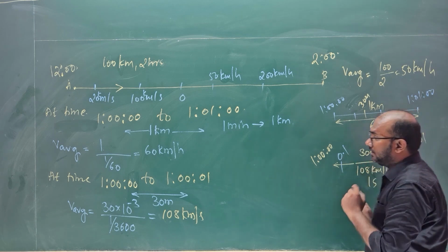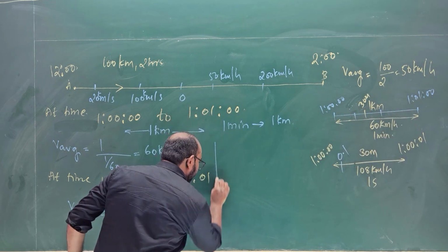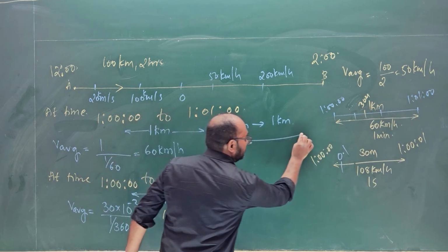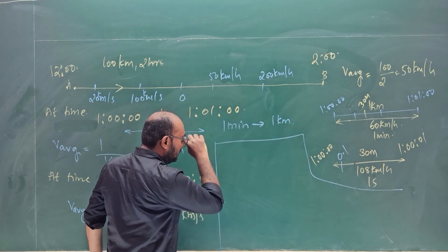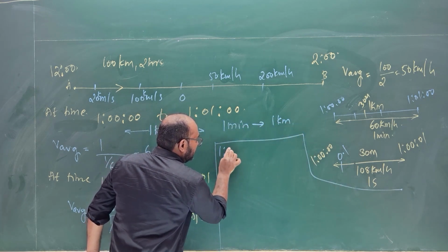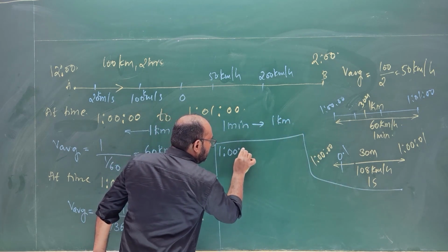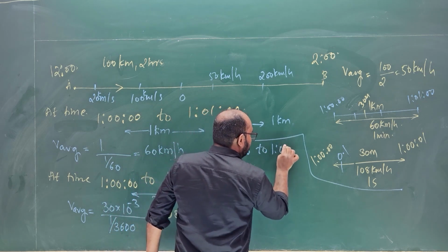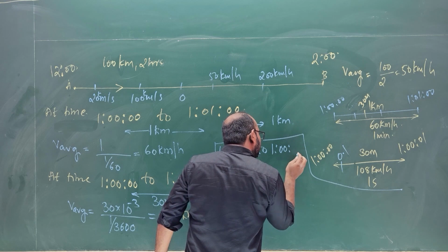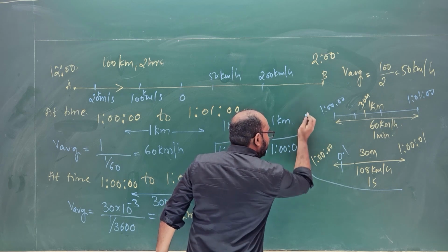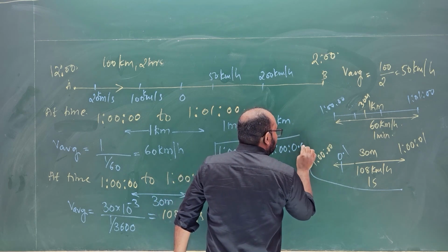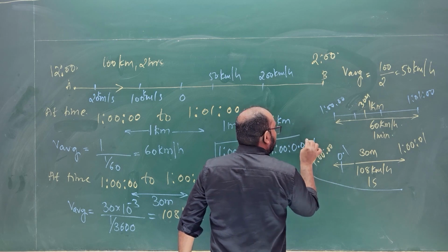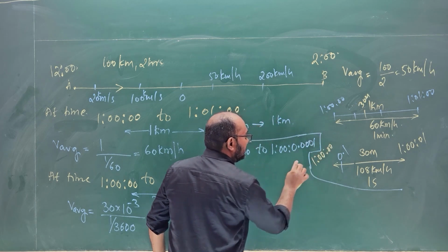Let us try to find that also. So 1 hour, 00 minute and a millisecond. A millisecond is written as 0.001. Okay, we are talking about this time.